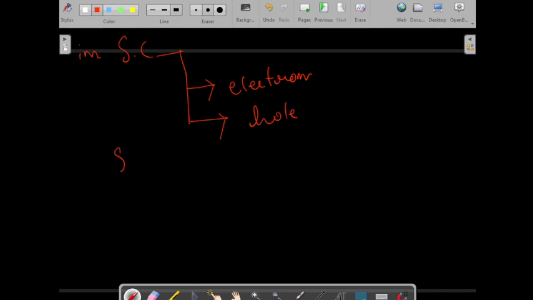So mobility in semiconductor is also of two types.